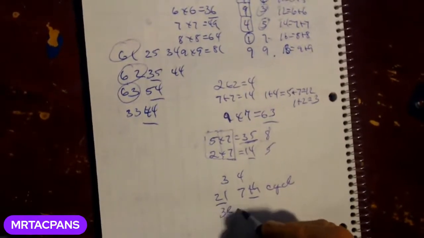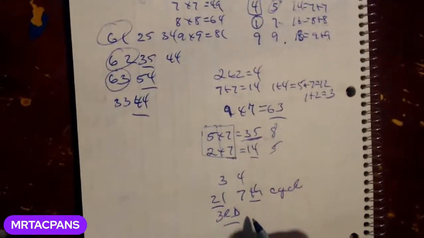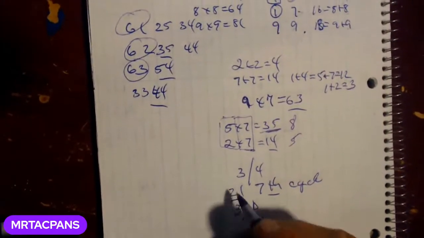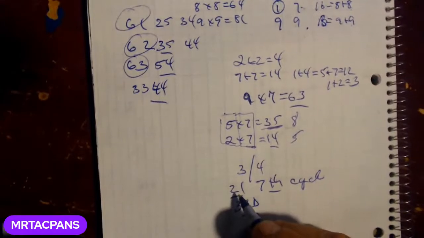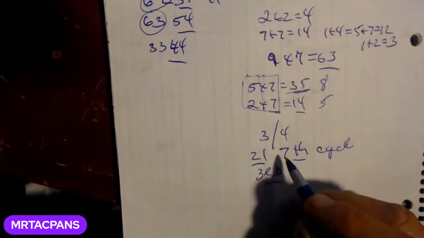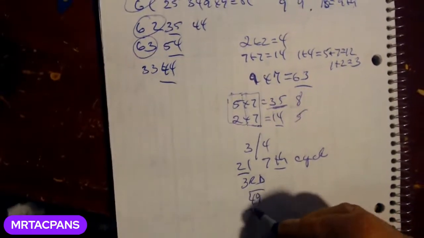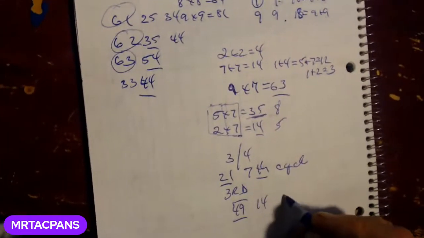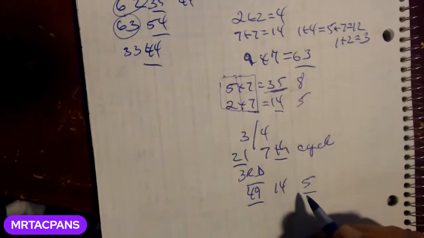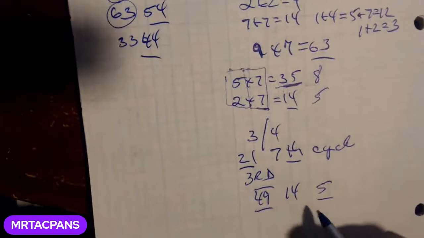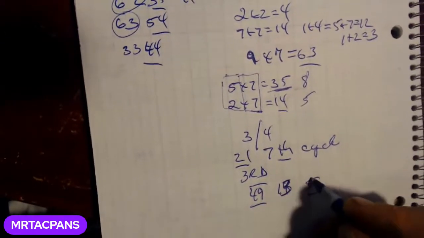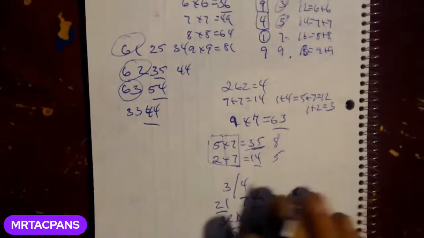So in the 3rd and 7th cycle, 7 becomes polarity. 3 times 7, 21. 2 and 1 is 3. 7 times 7 is 49. 4 plus 9 is 13. 1 plus 3 equals 4. 4 plus 9 is 13, and 1 plus 3 equals 4.